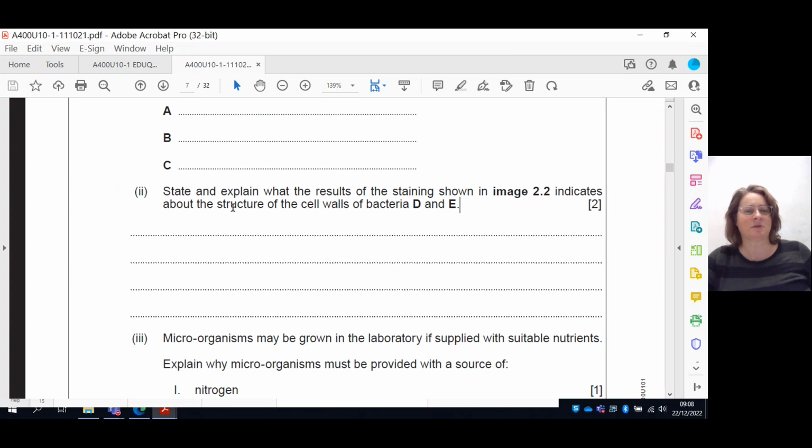And then what does it tell you about the structure of the cell walls? So gram positive D will have a thick layer of peptidoglycan, however, no layers above it. And gram E will have a thin layer of peptidoglycan. However, that lipopolysaccharide layer goes over the top of it.